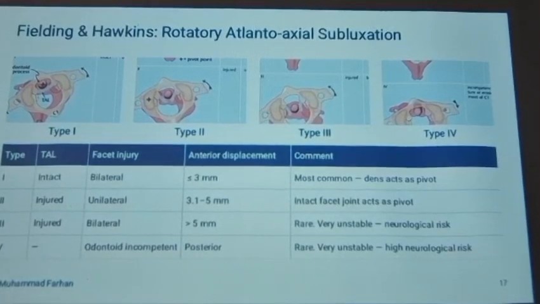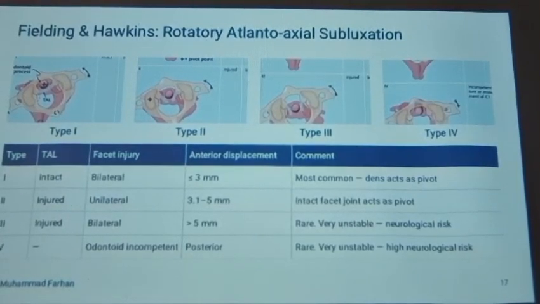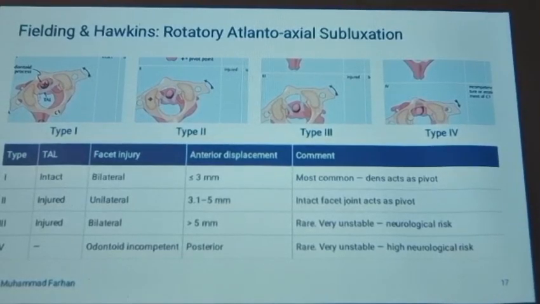As we can see in the type 1, there is bilateral facet injury, but the C1 moves anteriorly, but the tooth is intact in this. So the treatment would be non-surgical if the dens is intact, and usually these can also be stabilized by external immobilization.